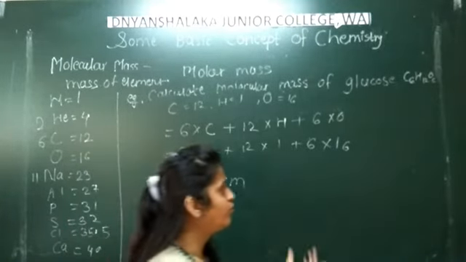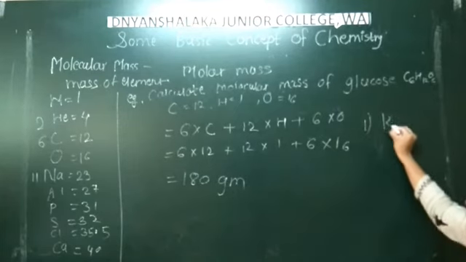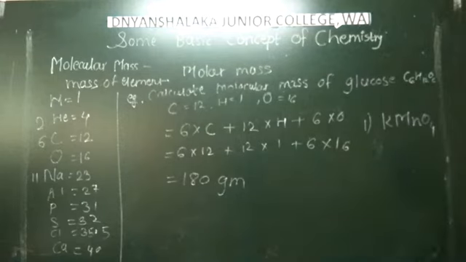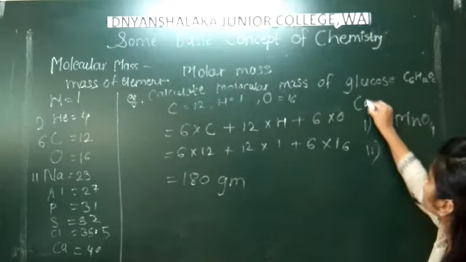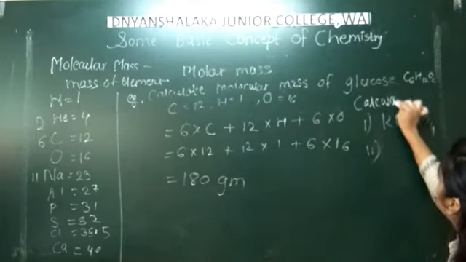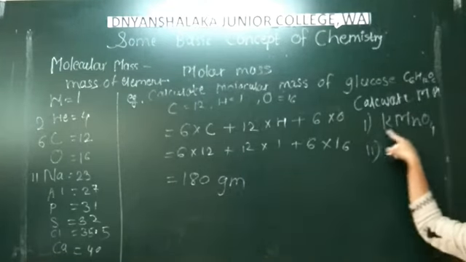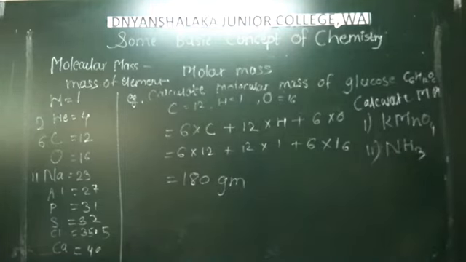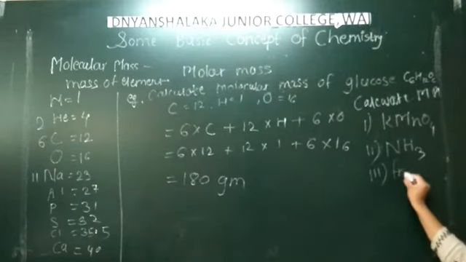So for homework, you solve the questions. Calculate the molar mass of potassium permanganate, chemical formula KMnO4. Second, calculate the molar or molecular mass of first KMnO4, second NH3, next fructose.